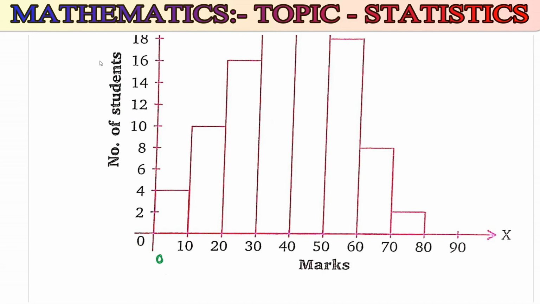This is the first class interval, 0 to 10, where the value is 4. For 10 to 20, the frequency, the number of students, is 10, and 20 to 30, 16 members. 30 to 40, you have 22 students, 40 to 50, it is 20, 50 to 60, it is 18 members, 60 to 70, it is 8 members, and 70 to 80, it is 2 members.